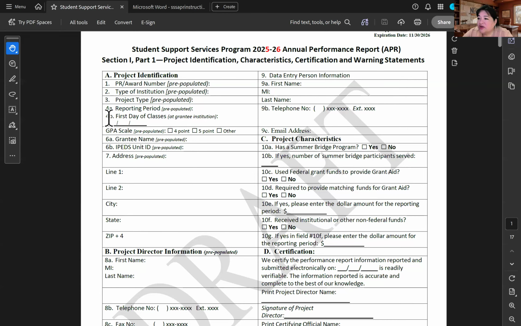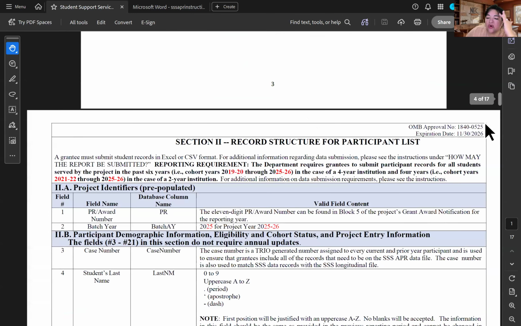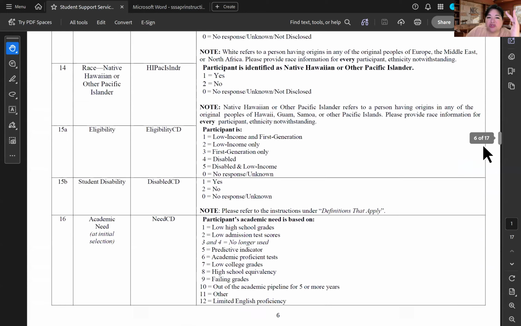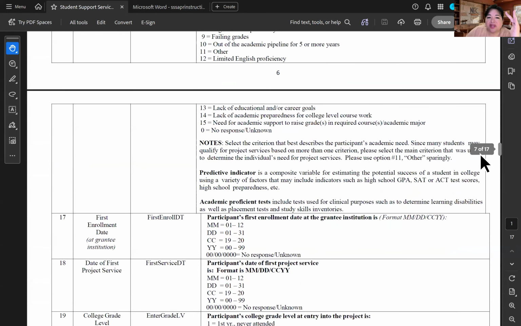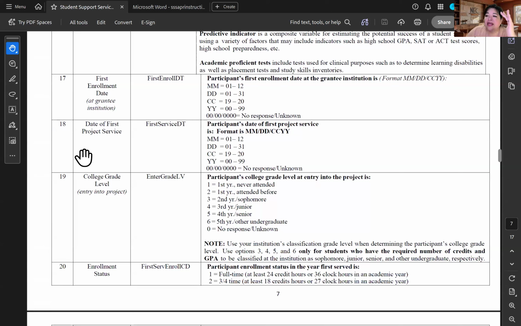So if your year for 26-27 starts August 24th, the question then becomes, people say I recruited, I selected. The only thing I respond to is field number 18, which is the most important field in my opinion of the whole APR: when was their first date of service?